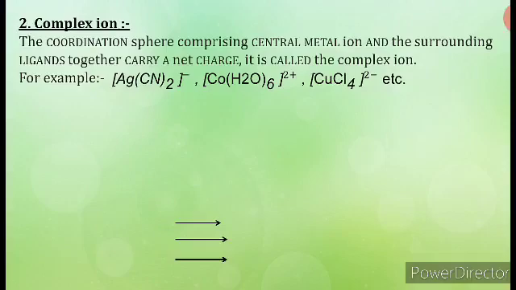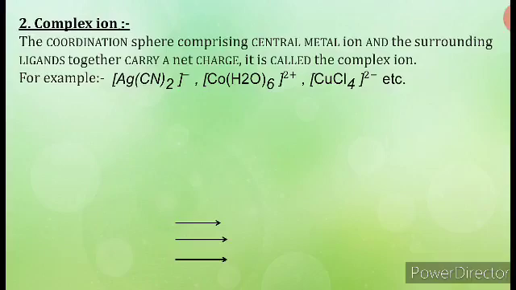So three terms we have discussed: coordination sphere, coordination entity, and complex ion. The square bracket represents the coordination sphere, which encloses the central metal atom and ligands bound together by coordinate covalent bonds. Clear? The square bracket is the coordination sphere.